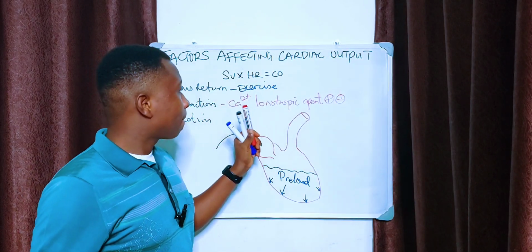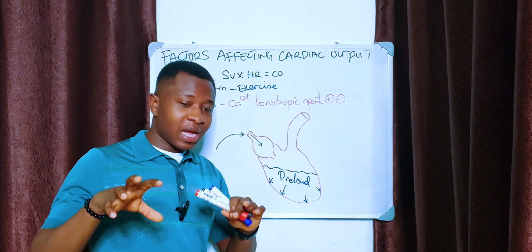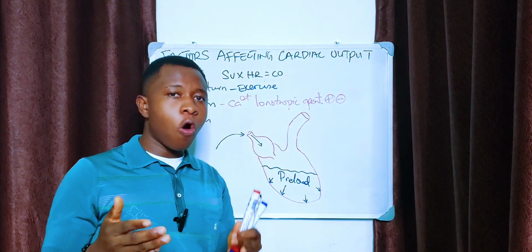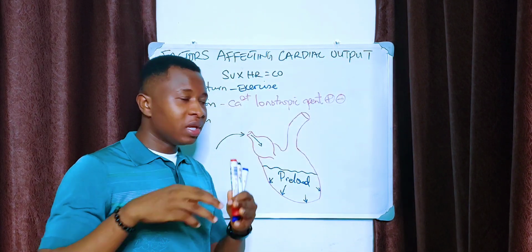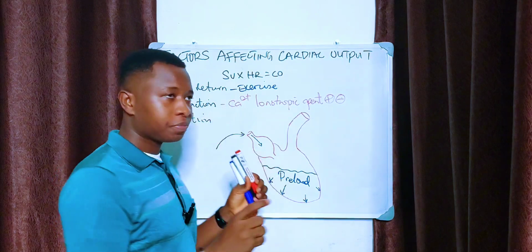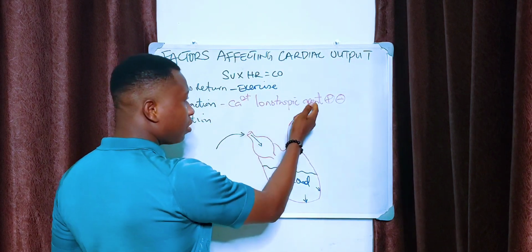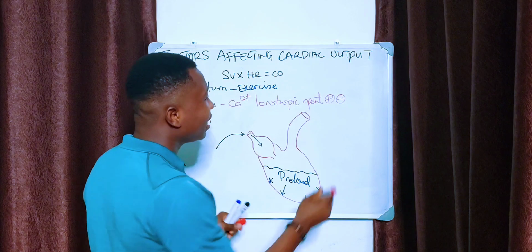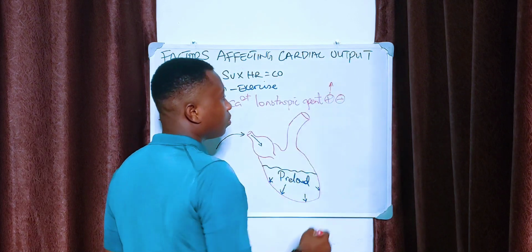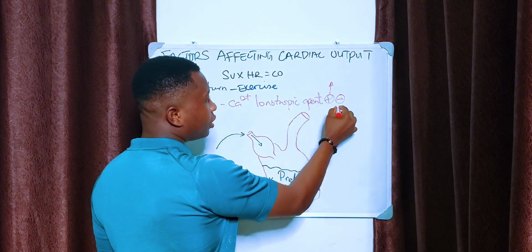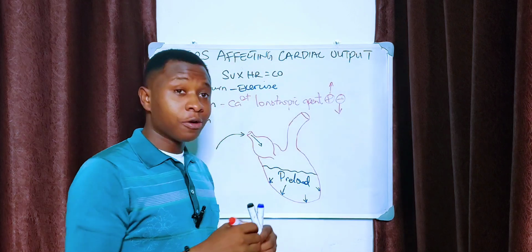Now, the inotropic agents are agents that will inhibit or support the production of calcium. The positive inotropic agents are the ones that will increase calcium. Meanwhile, the negative inotropic agents will reduce calcium.